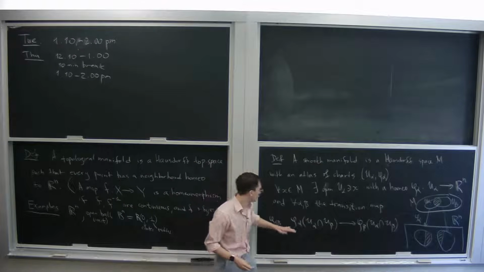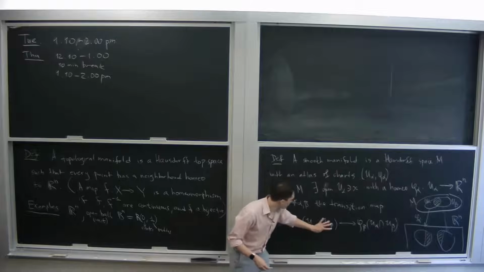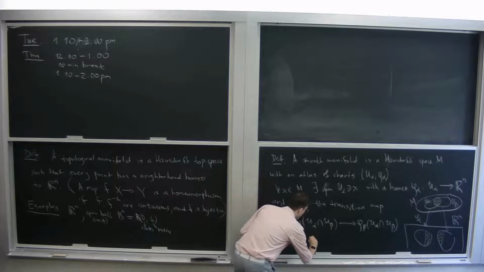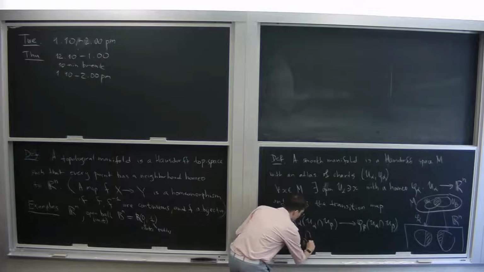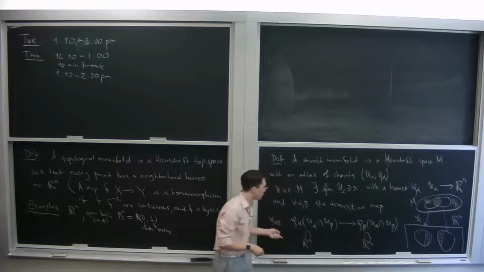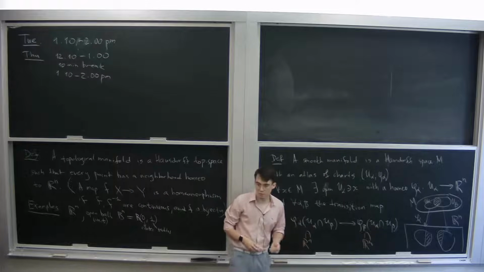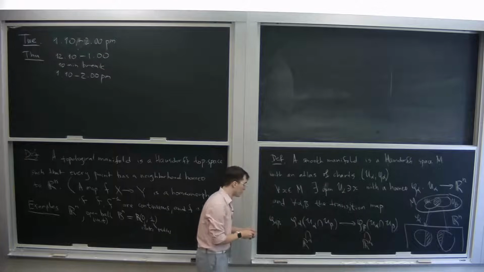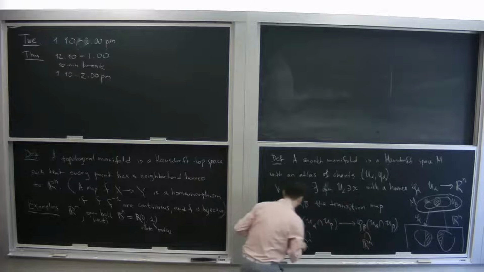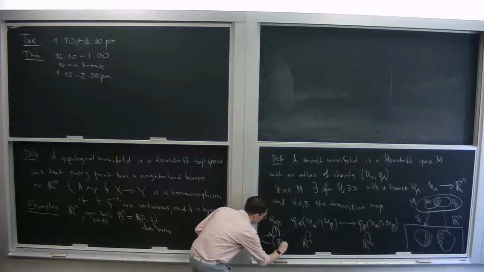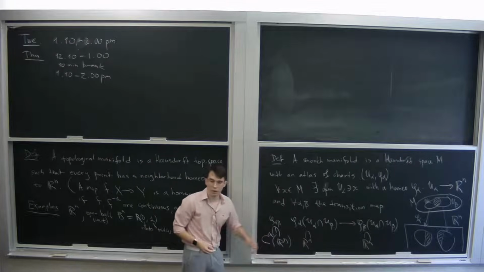This map is basically from Rn to Rn, so the image here is sitting in Rn, and here it is also in Rn. We want these transition maps to be smooth, so I will write that the transition map belongs to infinitely differentiable maps on Rn.